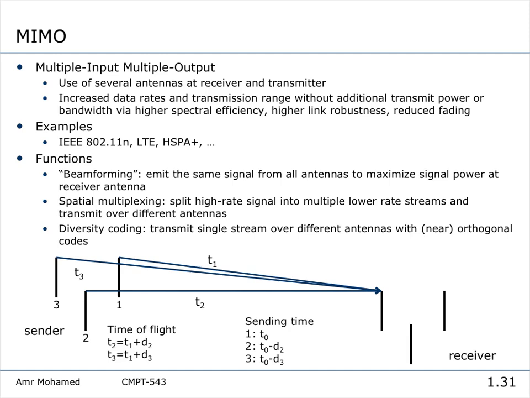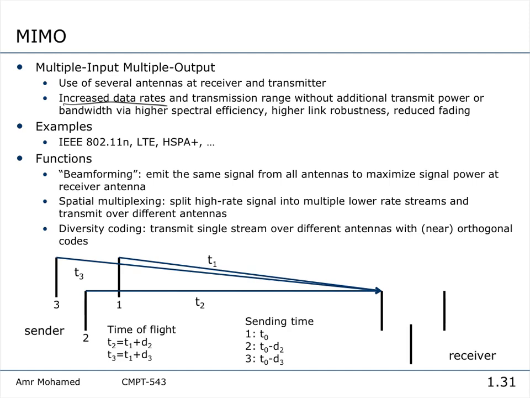So multi-input, multi-output uses several antennas at the receiver and at the transmitter. They use that concept to not only enhance the quality of reception, but in some cases to increase data rates.